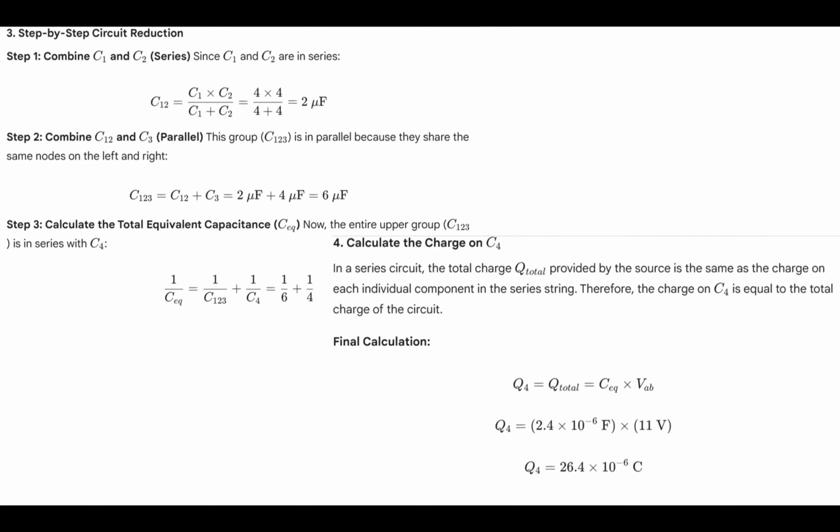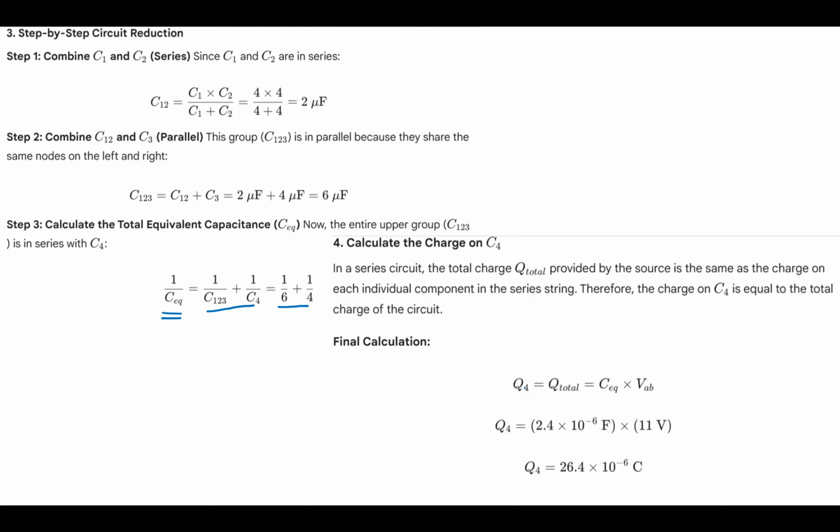Okay, so we get the C123. And the total equivalent circuit is in series, so we get the equivalent capacitance. And then calculate the charge on C4. Okay.